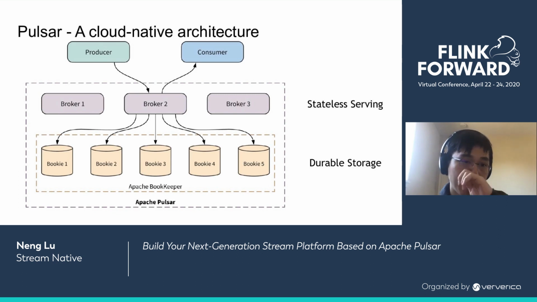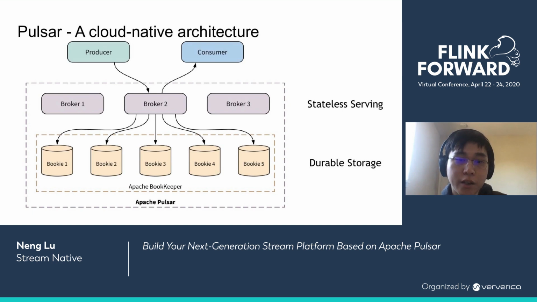So here is the cloud native architecture of Pulsar. I think the major feature of cloud native here is that computing and storage are separated. So in Pulsar, we actually have 2 layers. One is the serving layer. We have stateless brokers to serve clients' needs, like producing or consuming data.